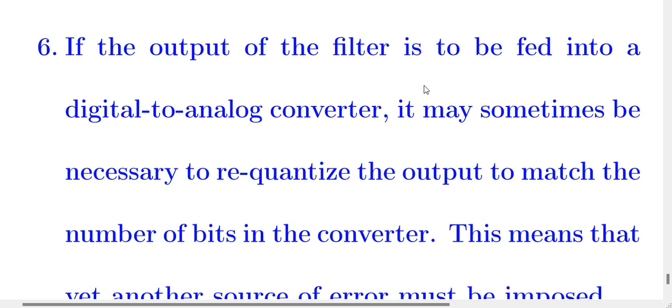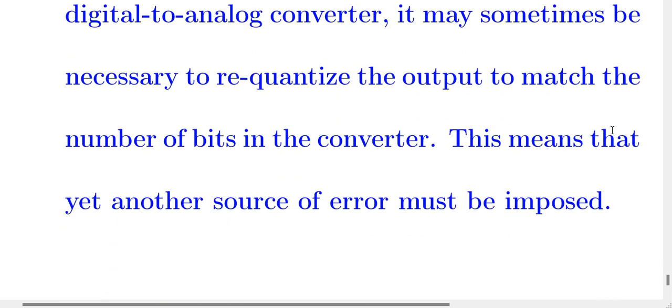If the output of the filter is to be fed into a DAC, it may sometimes be necessary to re-quantize the output to match the number of bits in the converter. This means that yet another source of error must be imposed.